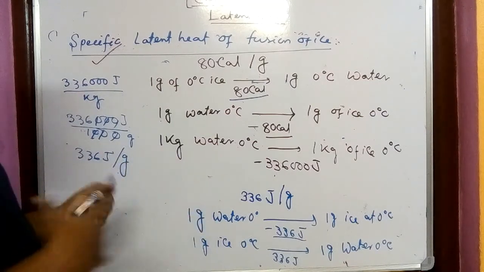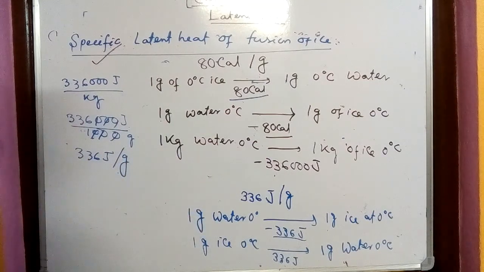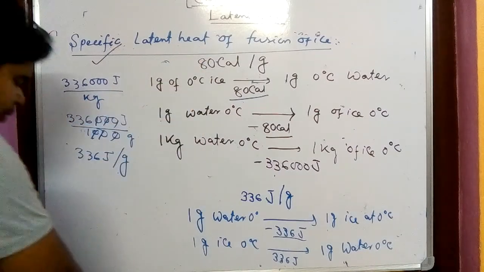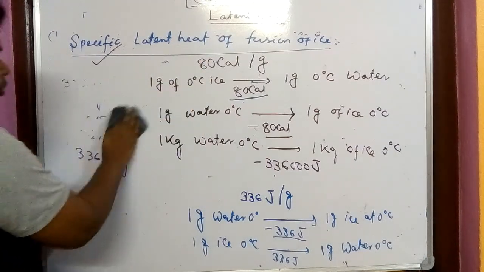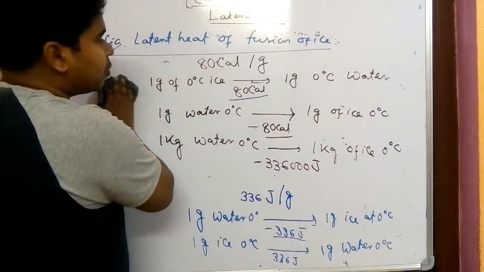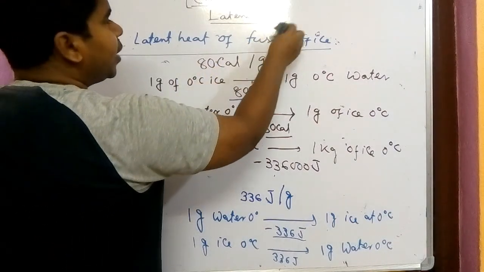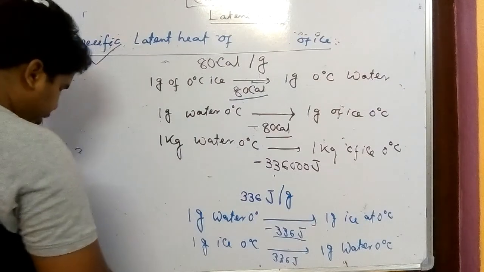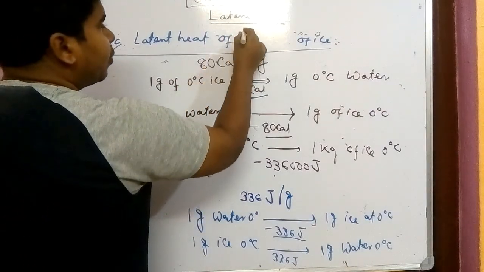These two are the SI and CGS units of specific latent heat of fusion of ice. Now, another example we have to see, that is specific latent heat of, instead of fusion, vaporization.